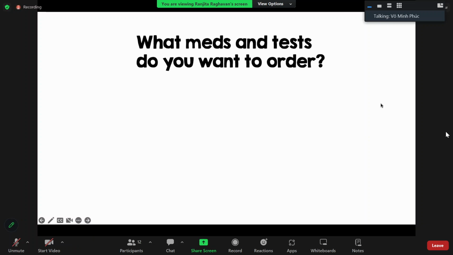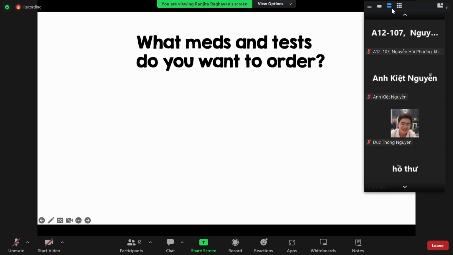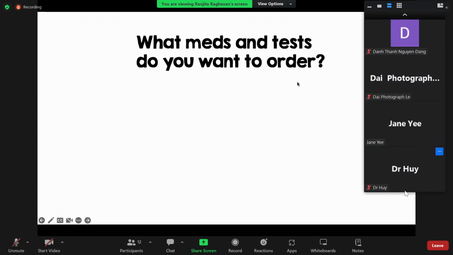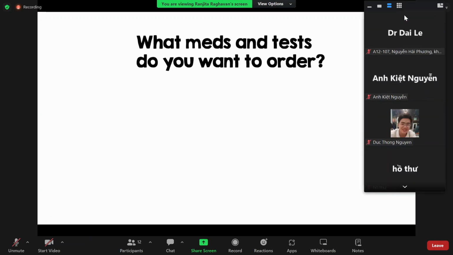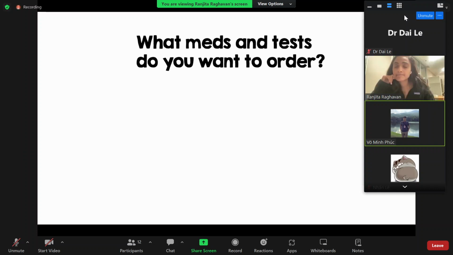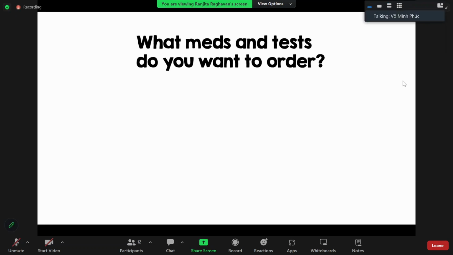So I will order the ECG in this patient, the complete blood count, because of the dizziness and the symptoms suggesting this patient may be having some blood loss, since he has dizziness and tachycardia. So ECG and complete blood count.